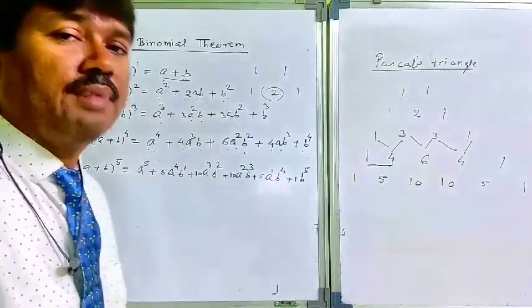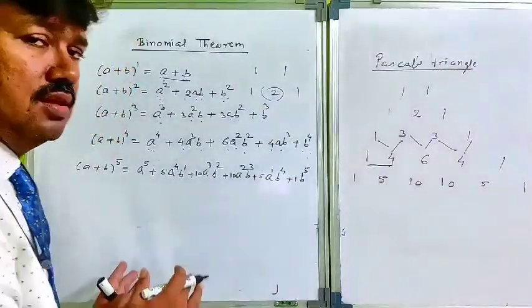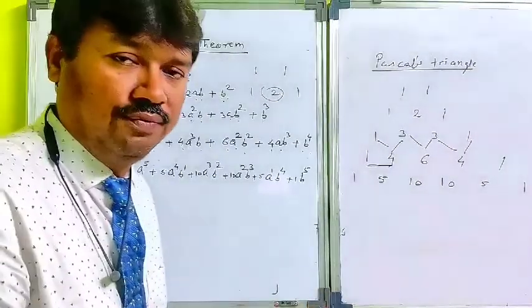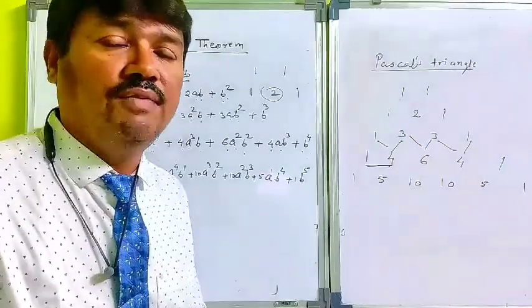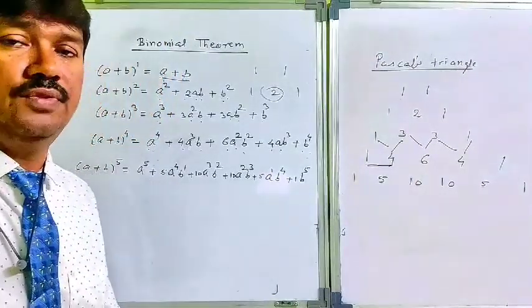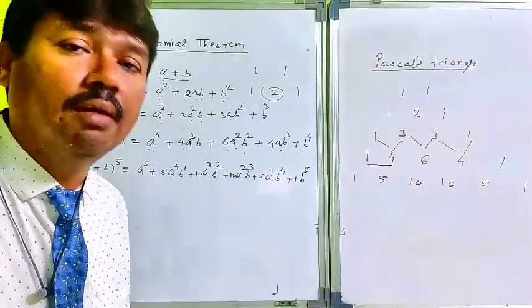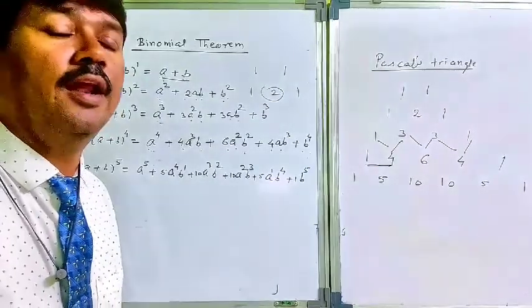Remember, if you write the same expression in general, that formula is valid for any power n, and is applicable for anything. In that case, it is called the binomial theorem.